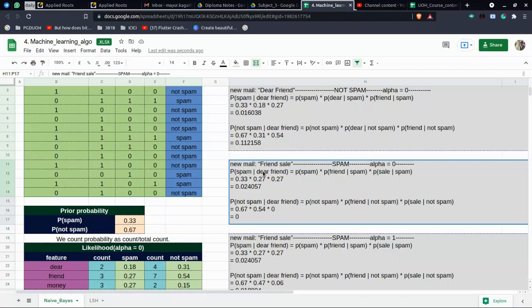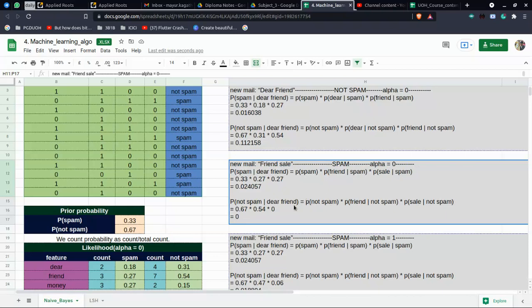The probability of y given x, spam given dear friend, is nothing but the prior probability of spam multiplied by the likelihood of the word friend given it is spam, multiplied by the likelihood of the word cell given it is spam. Similarly for not spam: likelihood of friend given not spam, likelihood of cell given not spam, and the prior probability of not spam.